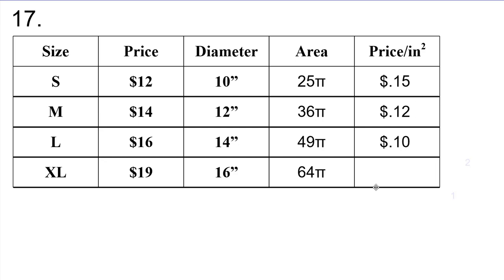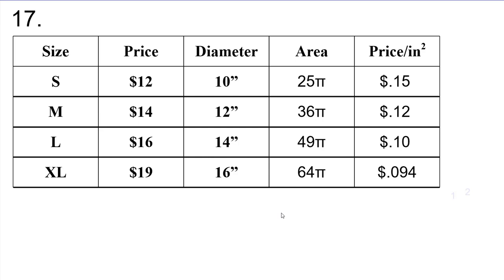And what happens, drum roll please, 19 divided by 64 pi, is it going to be more or less than 10? I do know. Slightly cheaper than large. So 9.4. So what's happening there? I kind of wish that I had a graphic, and I'll probably do that for next year.